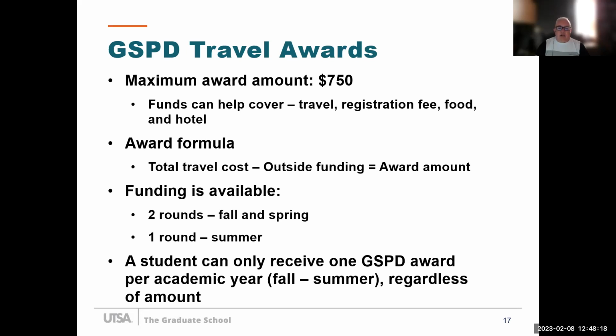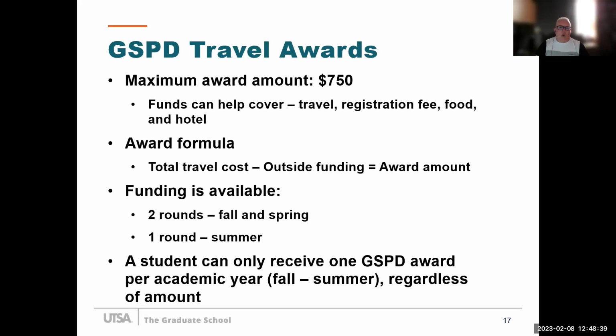So a student can only receive 1 GSPD award per academic year. An academic year runs from fall, so August through July, regardless of the amount.